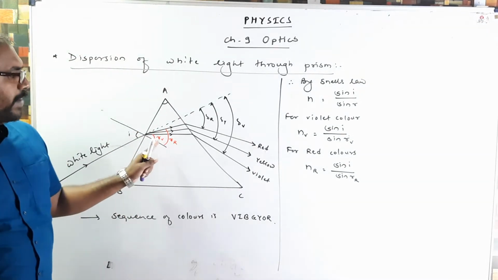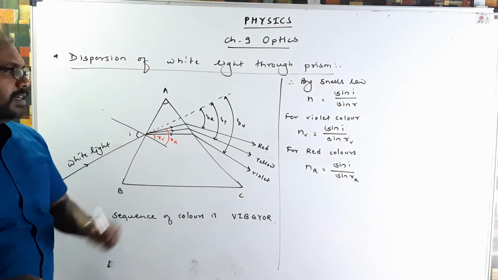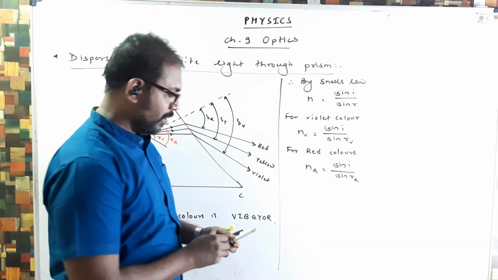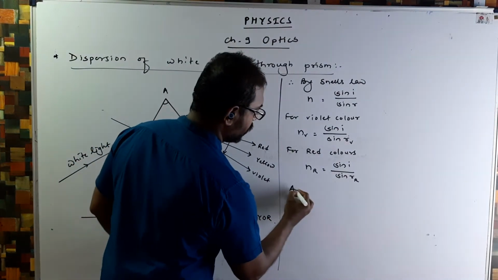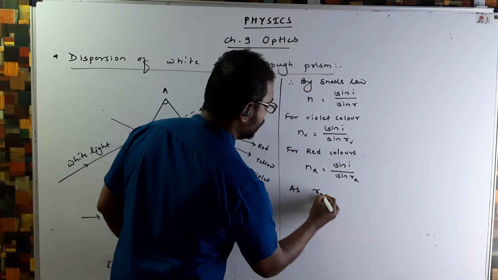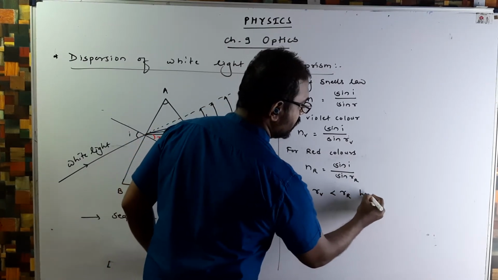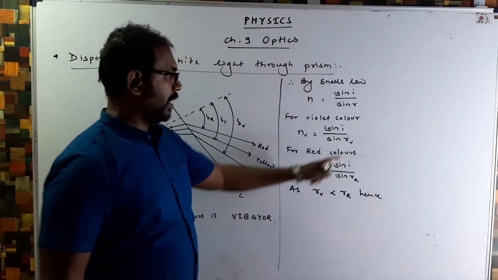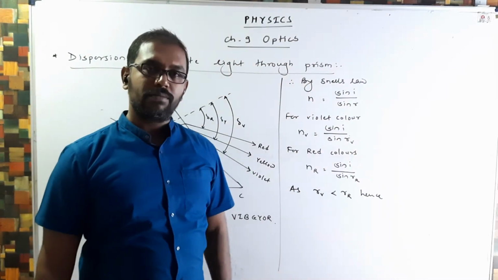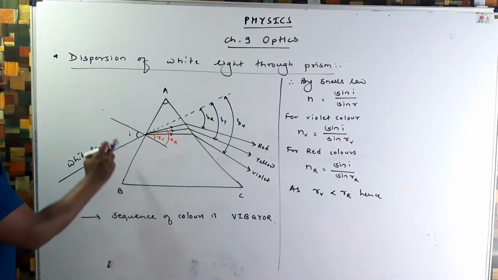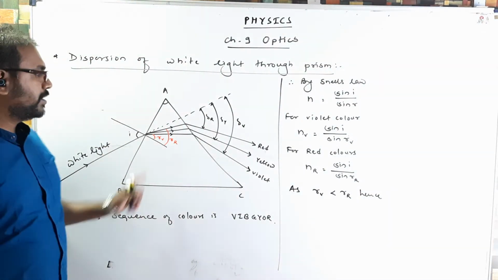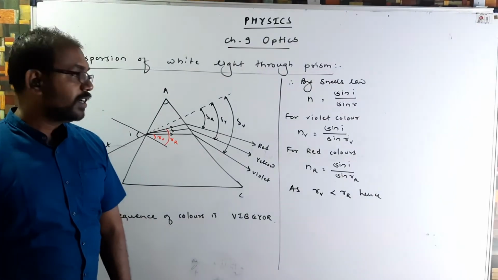Now angle of refraction for violet color is less as compared to the red color. So angle of refraction for violet is less than the angle of refraction of red. Here the angle of incidence is the same. This is angle of incidence. After refraction, it is separated into different colors here.